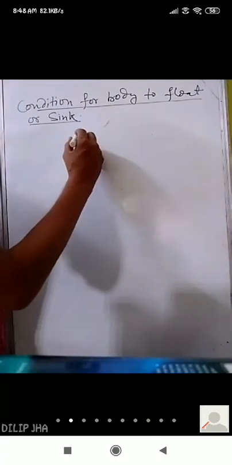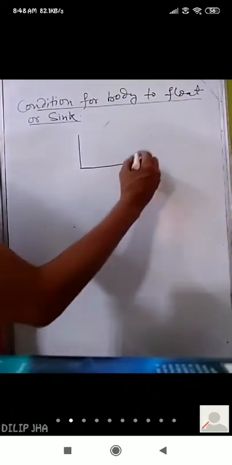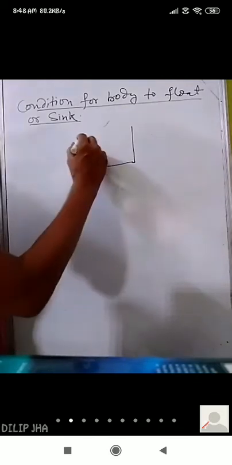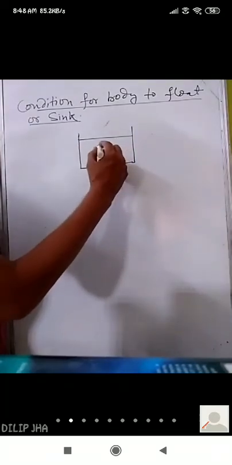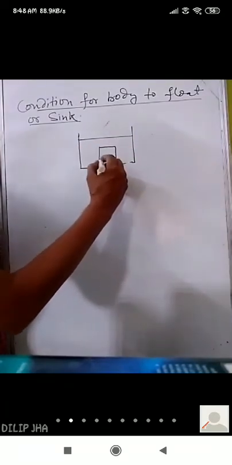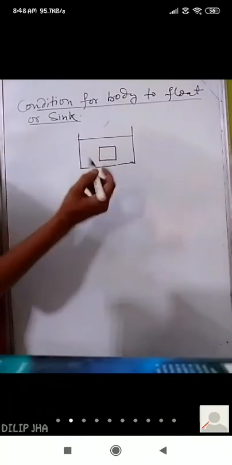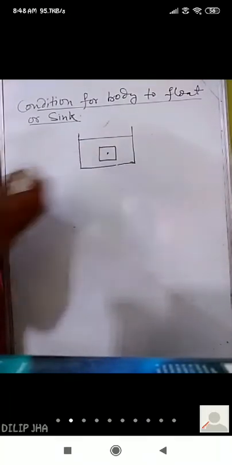Now, in this case, whenever a body floats or sinks, two forces are acting on it. This is the beaker. Here, liquid is kept, suppose water is kept, and this is an object which is completely immersed into it. Two forces are acting on this body from the center of this body.